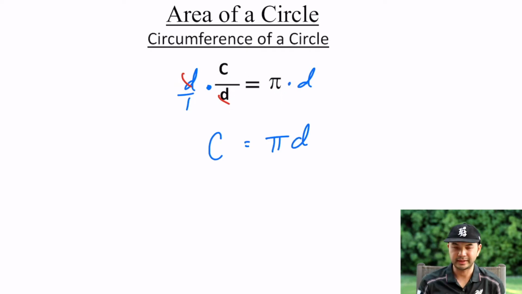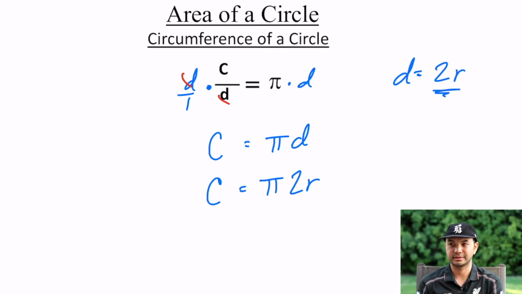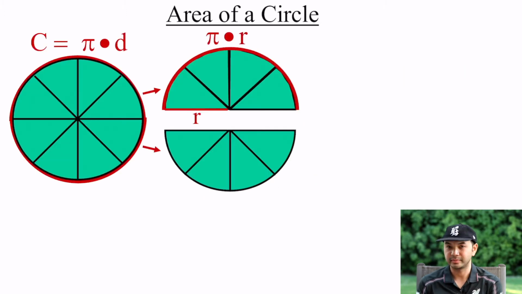So if the entire circle is pi times the diameter, what do you think half the circle is? You said pi times radius. That's exactly right, because radius is half the diameter. So if you're getting half the circumference, it makes sense that it would be pi times the radius. That's just around the semicircle, not counting the part inside.